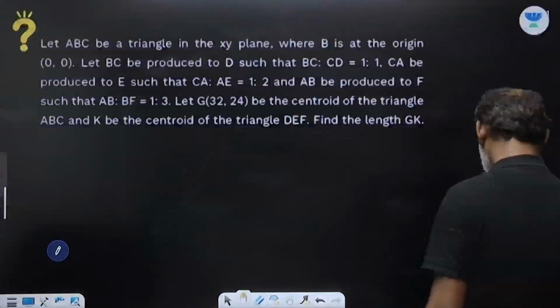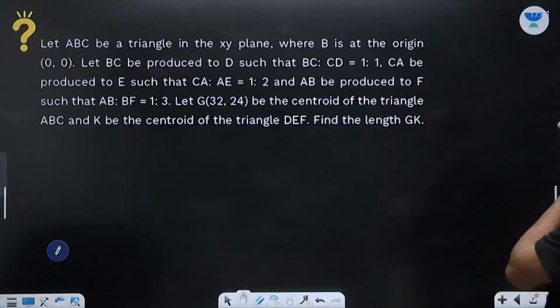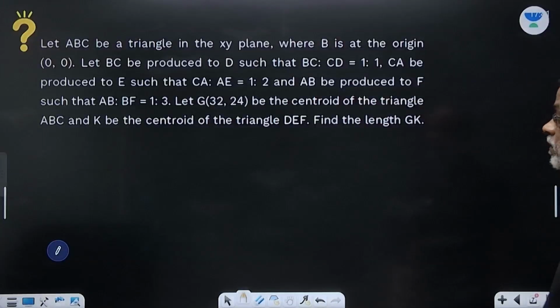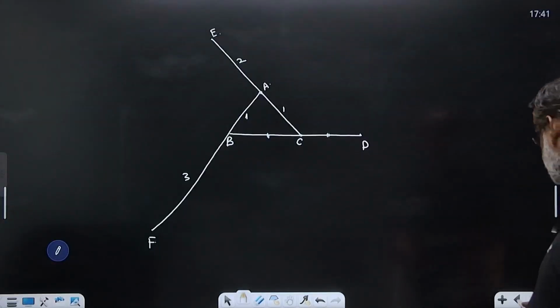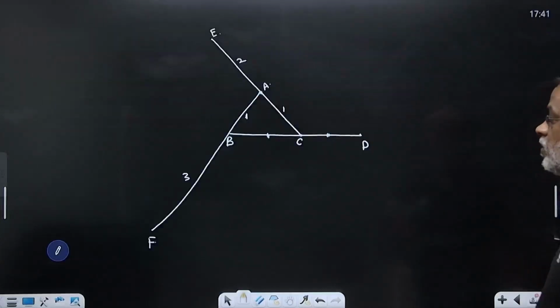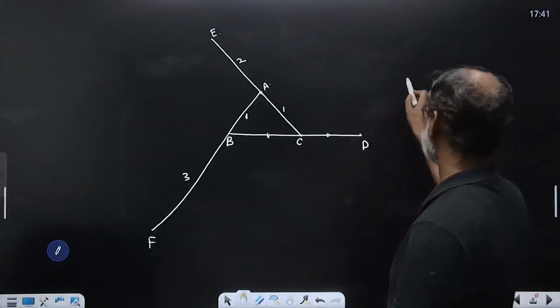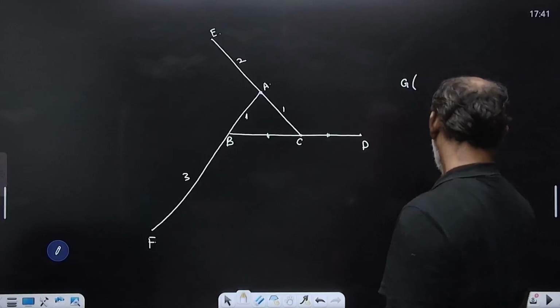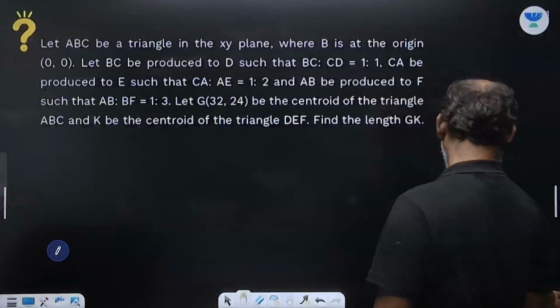Now, let G be the centroid of triangle ABC. Okay, the centroid of triangle ABC, G, is given as 32, 24.